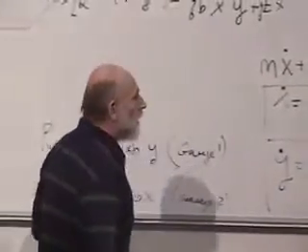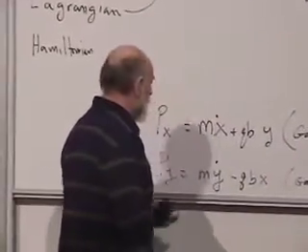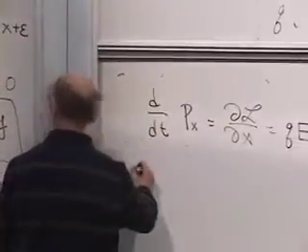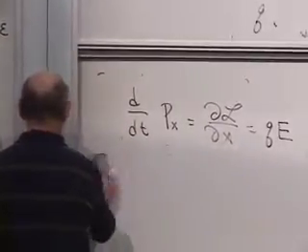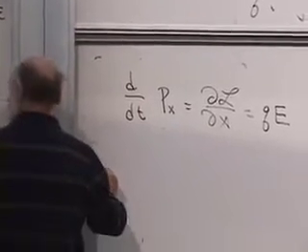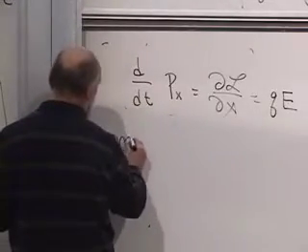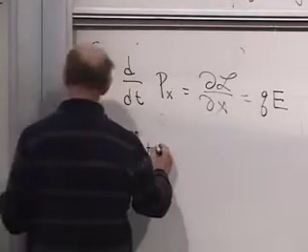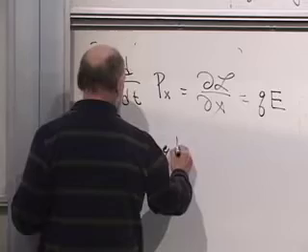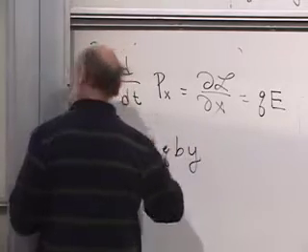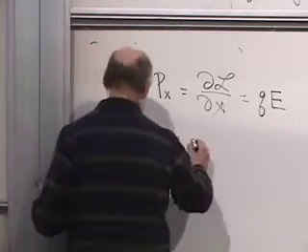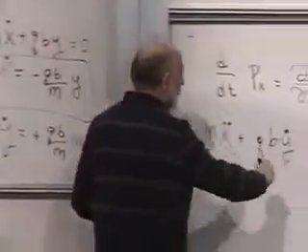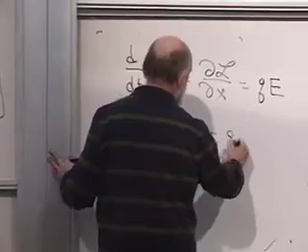So now instead of having a conserved quantity, we have the new equation. Let's write it out. The time derivative of px is mx double dot plus q b y dot. I've taken the time derivative of p sub x, and that's equal to q times E.